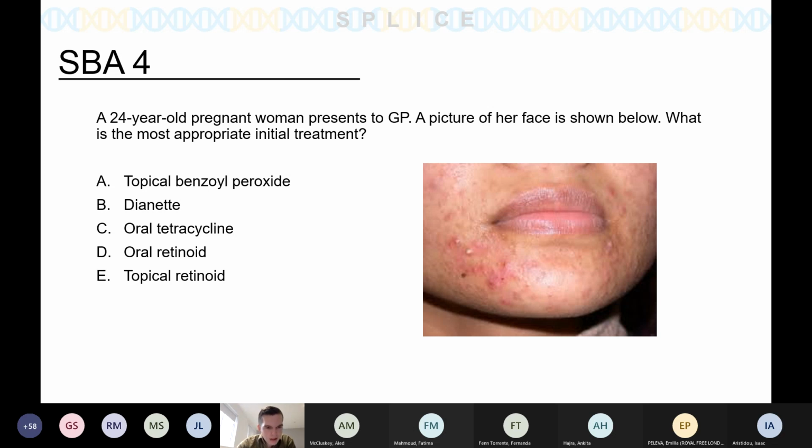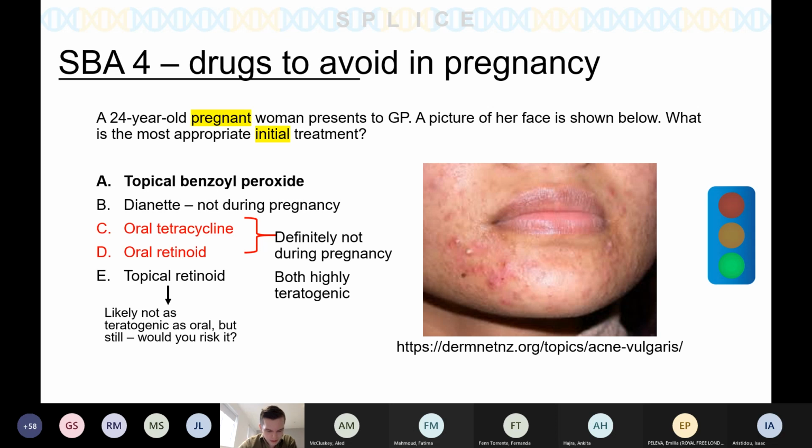Let's see. Yeah, nice. So most people realized that there's only one drug that was presented that's really safe in pregnancy. So let's go through it. Second one, Dianette. I'm not sure why, maybe it's to do with venous thromboembolism, but you don't give contraceptives during pregnancy, which is logical, I guess. Tetracyclines and retinoids, you really need to know that they're teratogenic and you would never ever give in pregnancy.